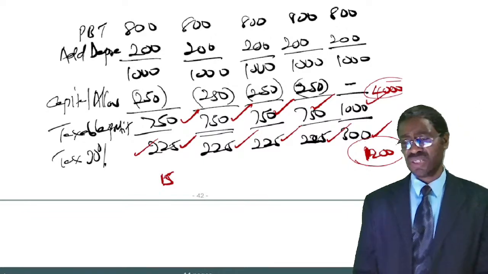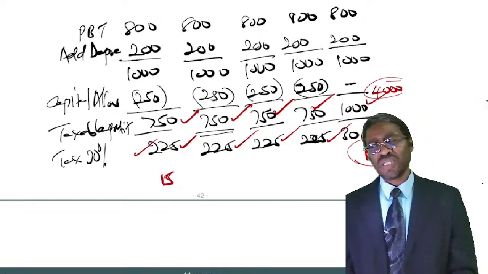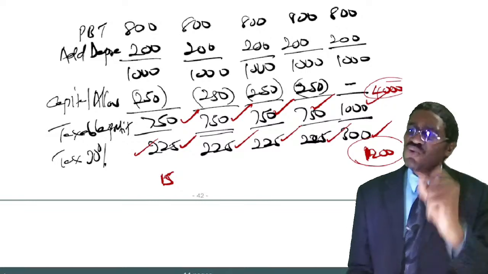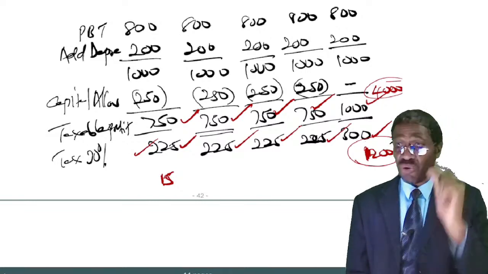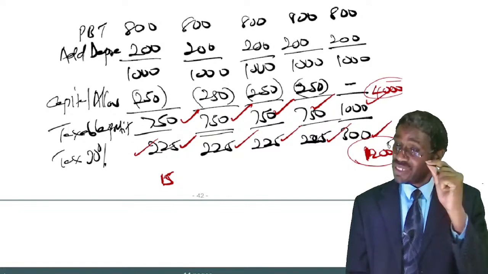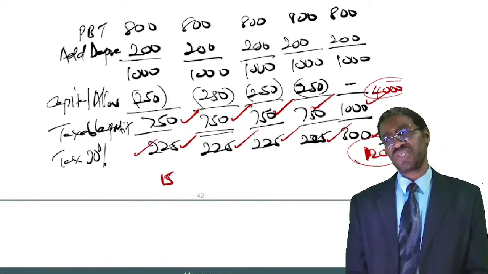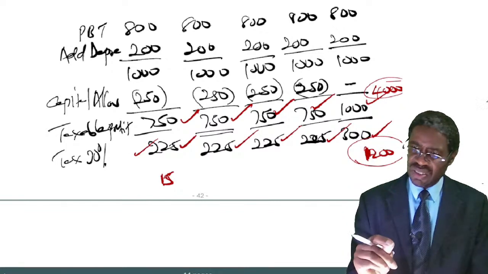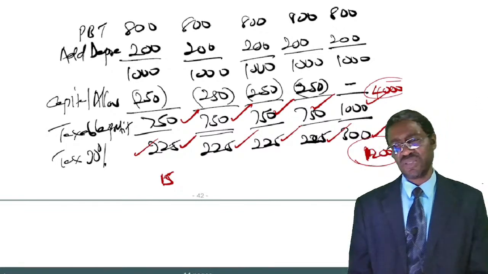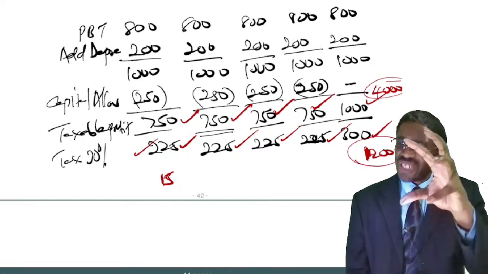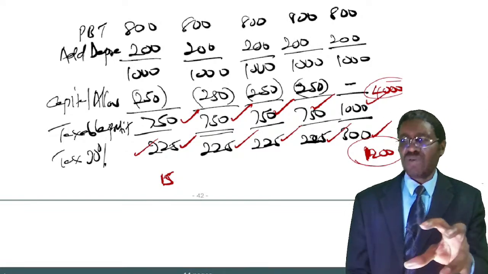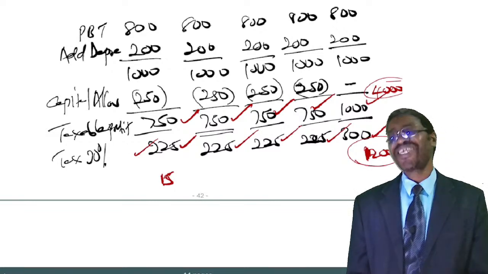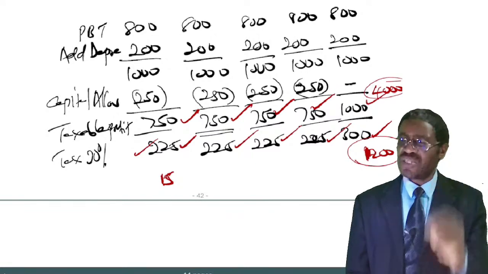The question is this now, listen. There's that amount of tax of 15, which the taxman does not want me to pay. I thought I should pay it, but the taxman said no. The question is this now, listen. Does it mean that I'm not going to pay this 15? I thought I should pay 240, but the taxman told me to pay him 225. Does it mean I'm not going to pay this 15?